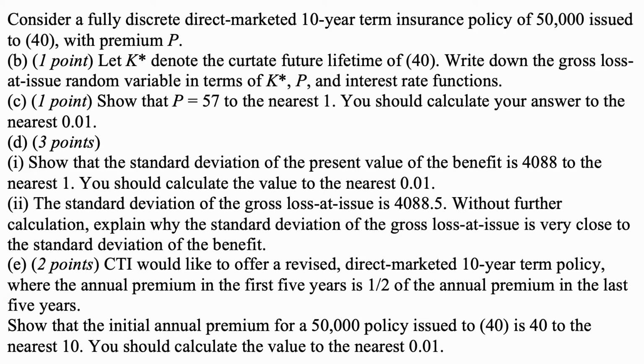Question E. CTI would like to offer a revised direct marketed 10-year term policy where the annual premium in the first 5 years is 1/2 of the annual premium in the last 5 years. Show that the initial annual premium for a 50,000 policy issued to a 40-year-old is 40 to the nearest 10. You should calculate the value to the nearest 0.01.